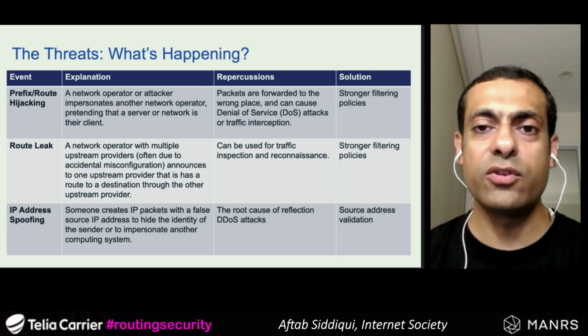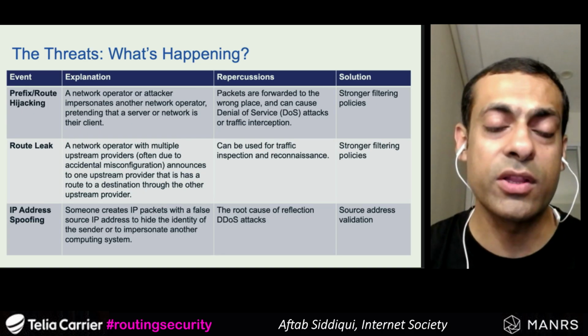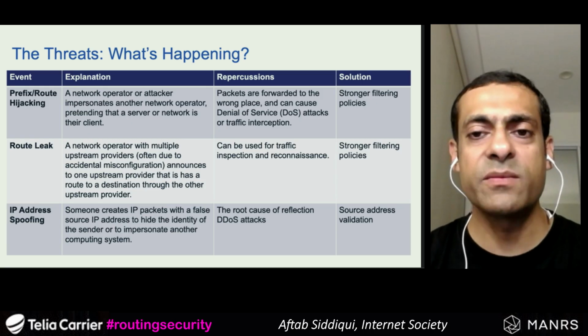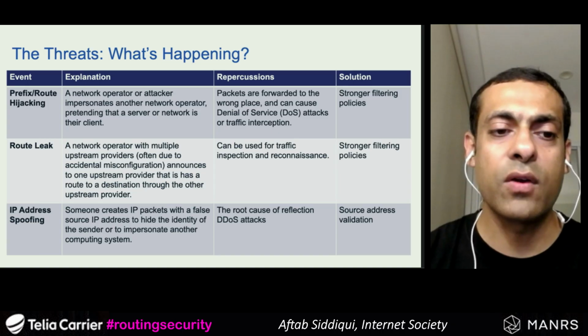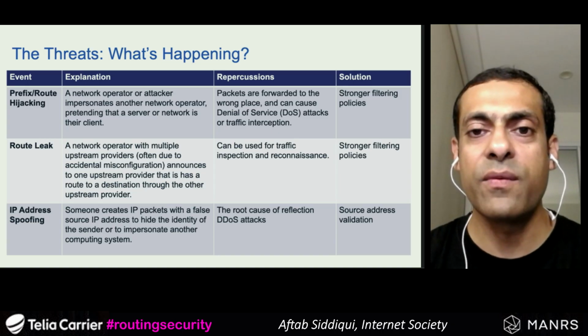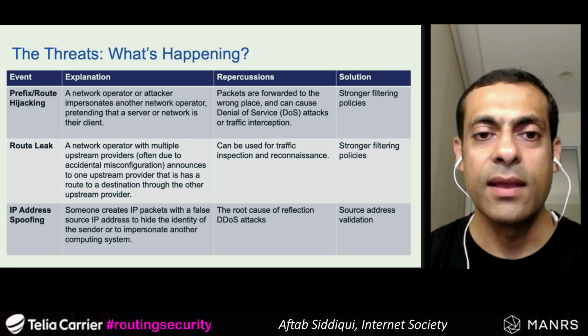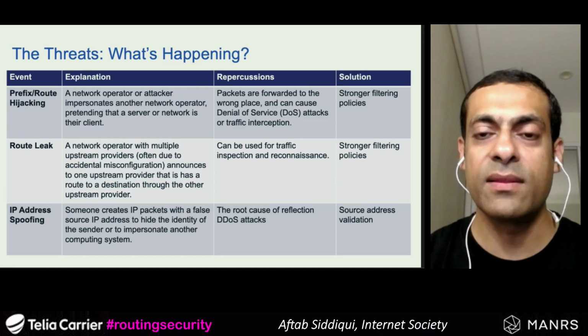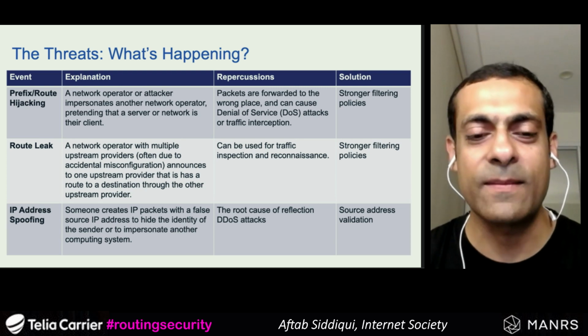The two most important ones are the prefix or route hijack, and the prefix or route leak. There's a small difference between the two. We'll discuss it right now. And then the third one is called IP address spoofing. If you have heard of BCP38, you'll be surprised that it has been there for more than 20 years now, and still we are talking about it.